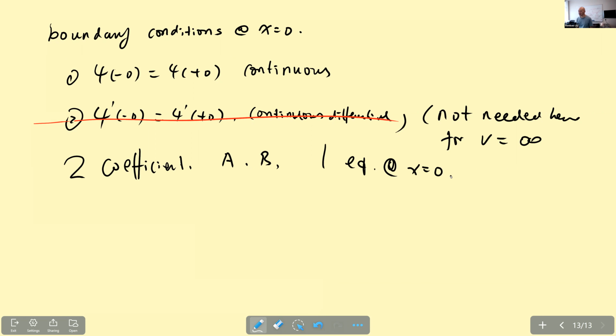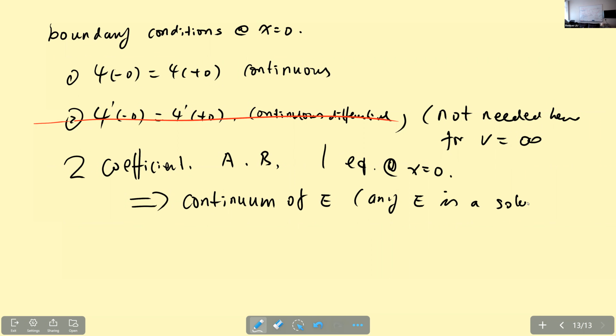So that's why you have a continuum of E. That means any E is a solution. Actually, this one can be easily met. On the left, you have A e to the i k x at x equals 0, plus B e to the minus i k times 0.